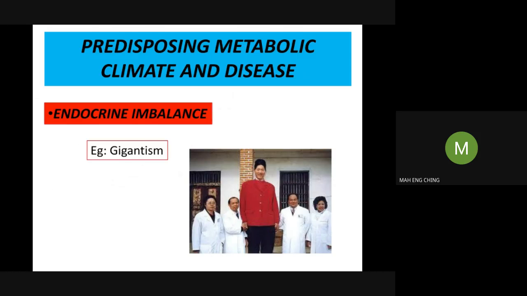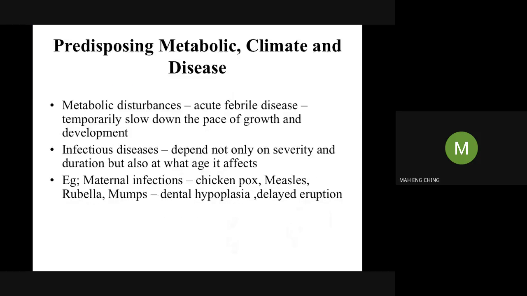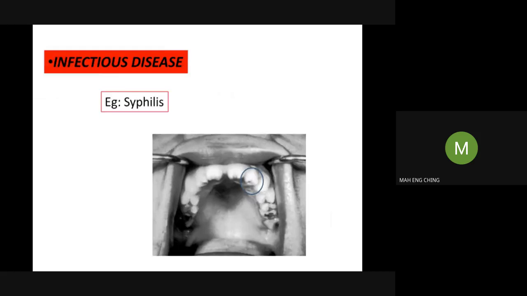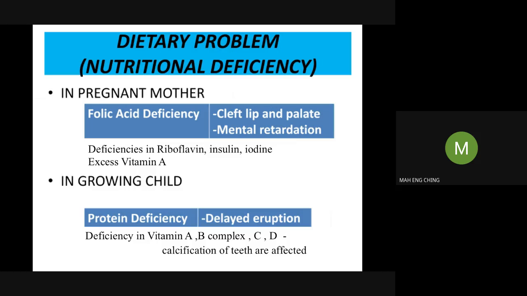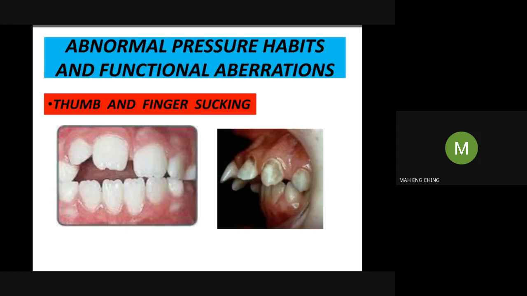So hormone imbalance can cause malocclusion. Dietary deficiency of folic acid or vitamin B12 will cause some defects. Thumb sucking habit will cause malocclusion.